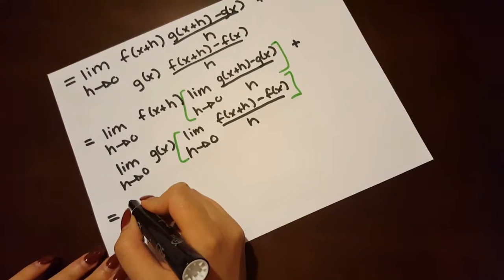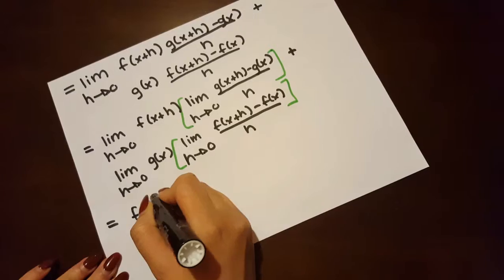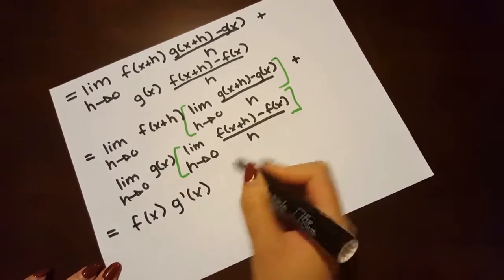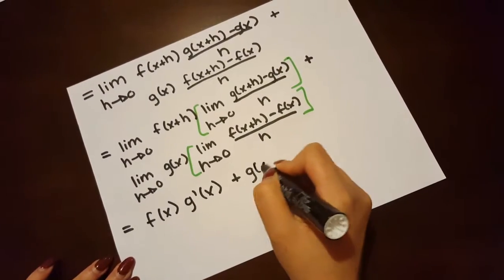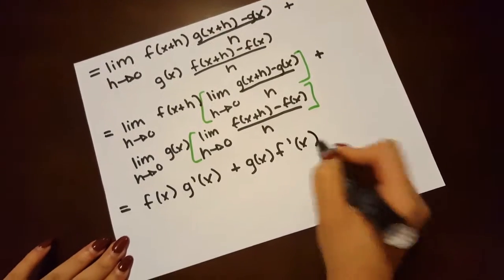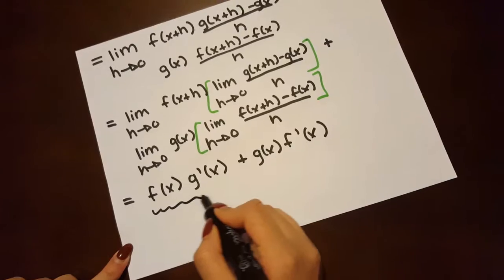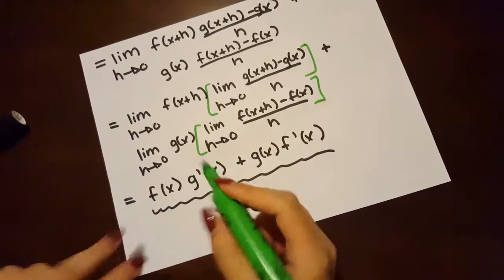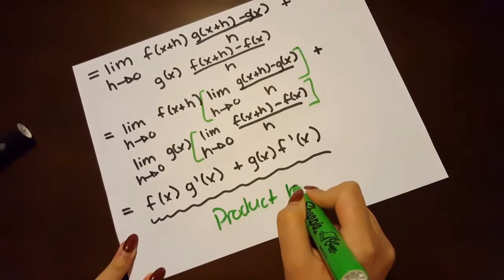In the end, what we end up with is f at x times the derivative of g at x plus, because there's a plus sign there, g at x times the derivative of f at x, which is the product rule. So here we have the product rule.